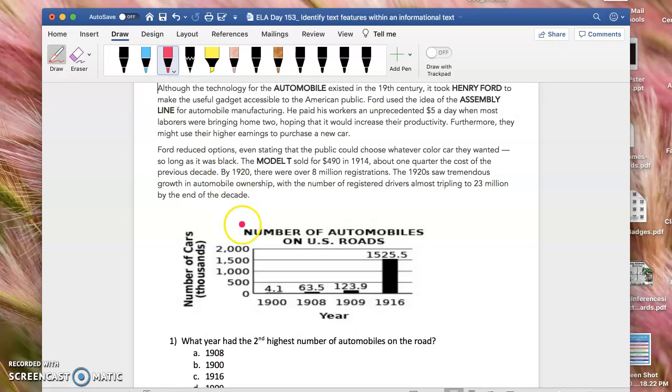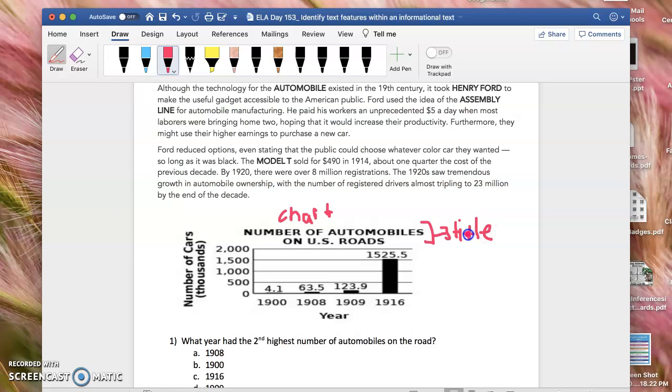Because you should have read the text on your own. All right. Now, when we look at the chart, we know that this is your chart or graph, right? Where is the title? This is the title of the graph, y'all. So that means that I know that this chart or graph is talking about the number of automobiles on the road.